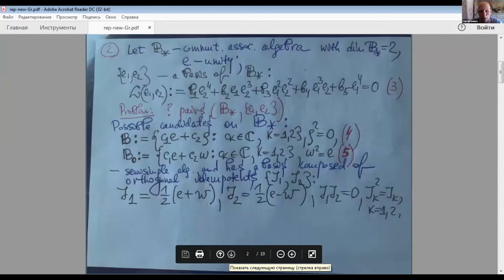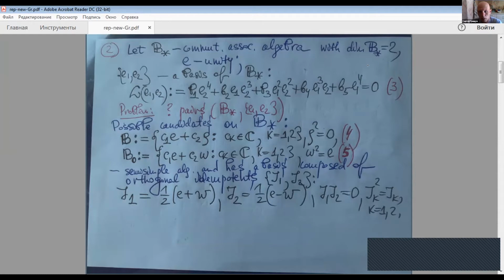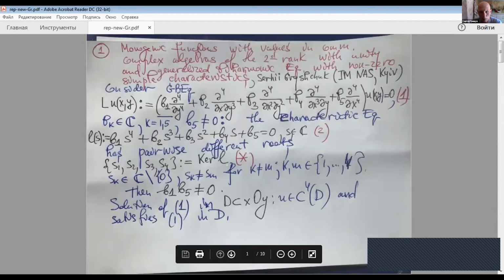Denote by B star a commutative associative Banach algebra of the second rank having a unity. We denote the unity by E. Denote by E1 and E2 a basis of the algebra B star, satisfying equation 3. As you can see, equation 3 is a hypercomplex generalization of the characteristic equation 2.